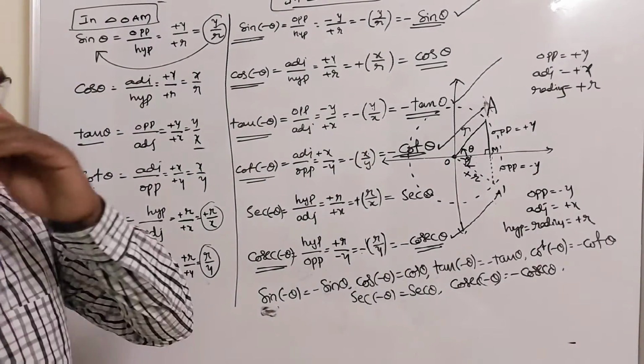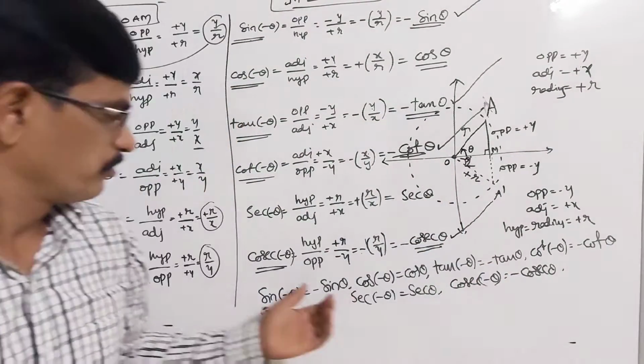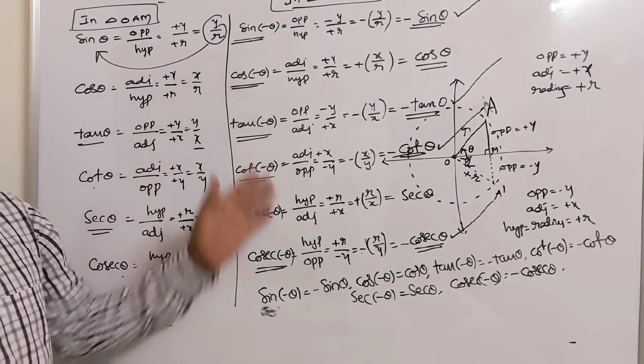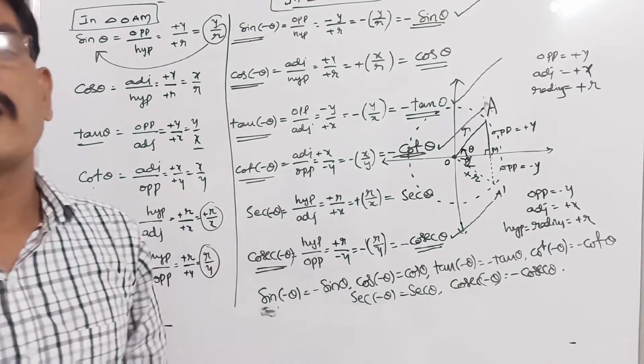So when theta is negative, the trigonometric ratio values will be like this, okay.